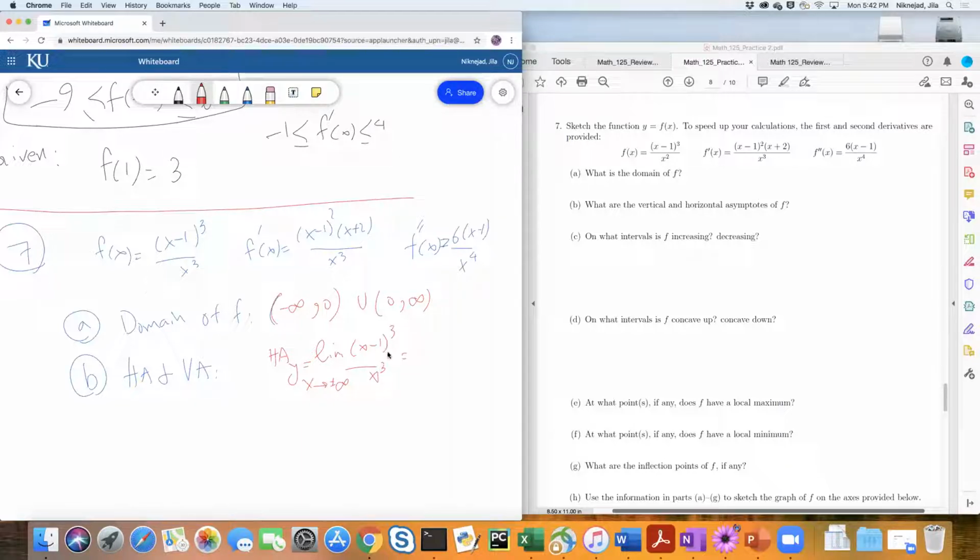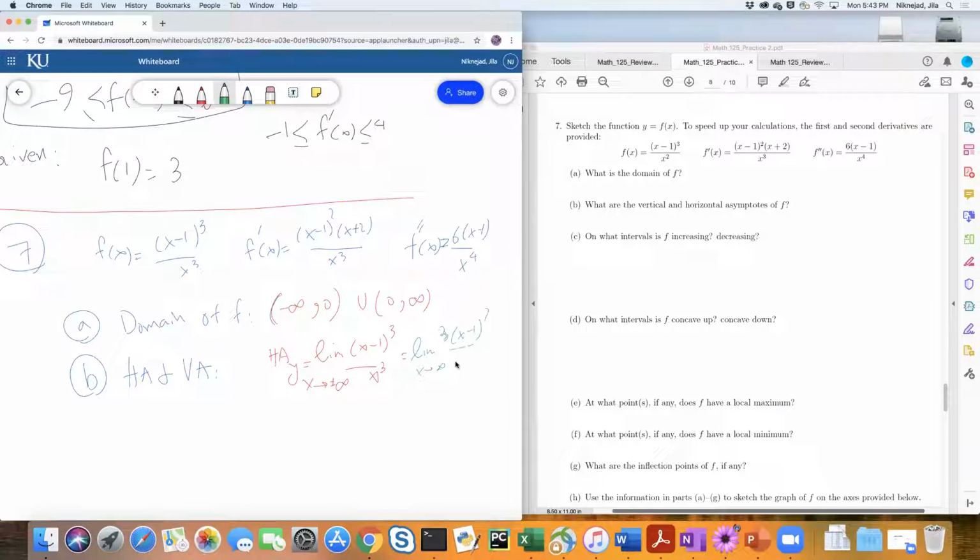What do you guys think the limit is going to be? Infinity over infinity. So now you have a lot of tools. You can do a ton of stuff. Can I do L'Hopital with infinity over infinity? Yes.